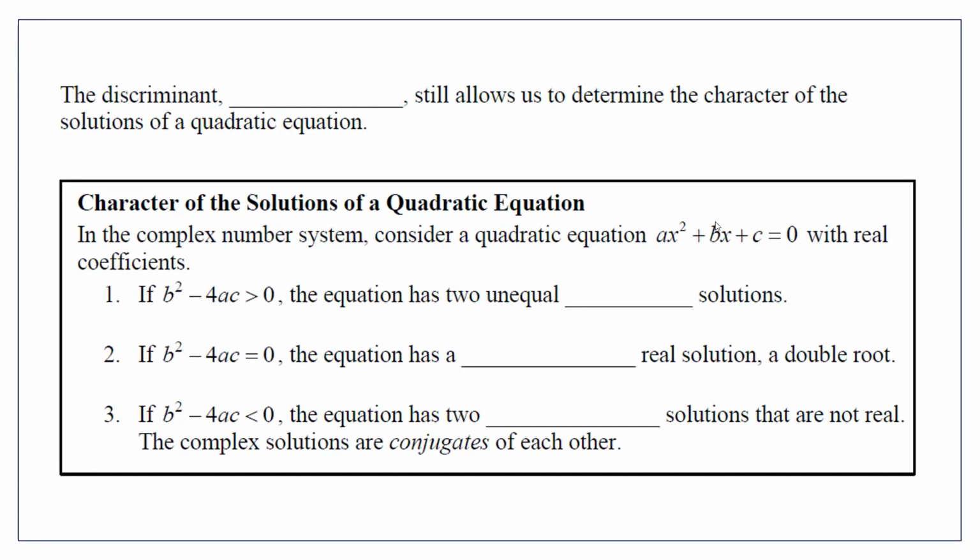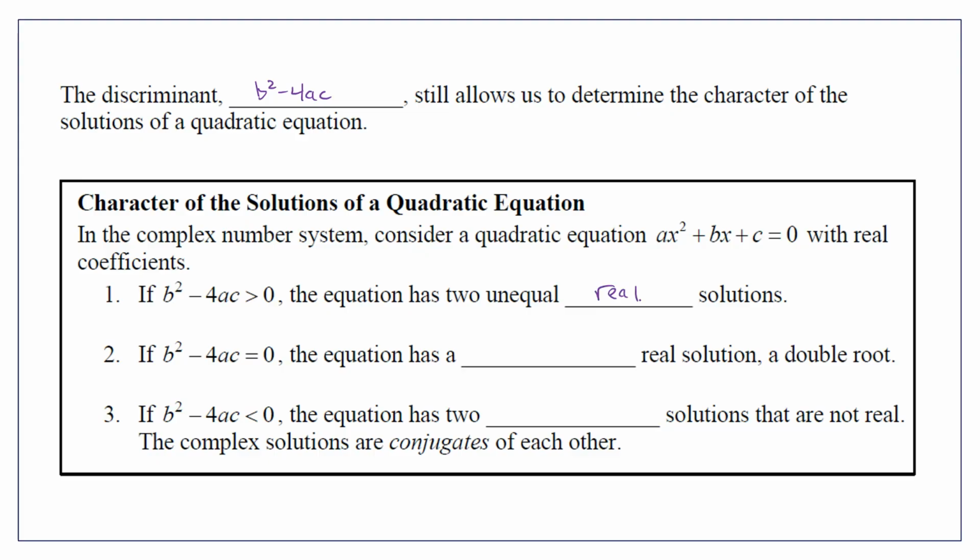So the discriminant, which is the b squared minus 4ac part of the quadratic equation, still allows us to determine the character of the solutions of a quadratic equation. So in the complex number system, we can consider a quadratic equation ax squared plus bx plus c equals 0 with real coefficients, meaning real numbers. So if b squared minus 4ac is greater than 0, then the equation has two unequal real solutions.